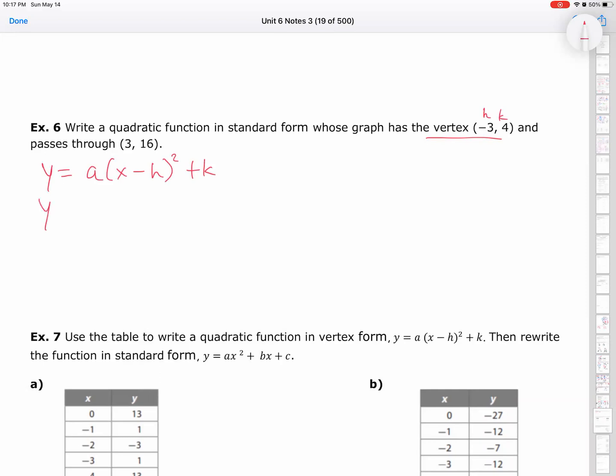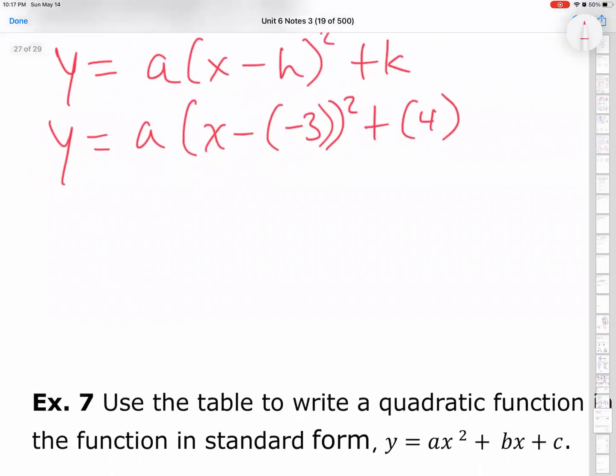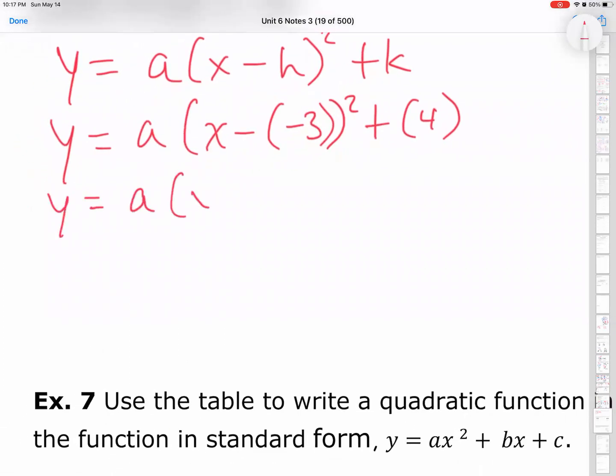And so when we go ahead and place those values in, we end up with y equals a times x minus h, here is -3, squared, and then k is +4. Now, when we clean this up, we end up with y equals a times x plus 3, quantity squared, plus 4.